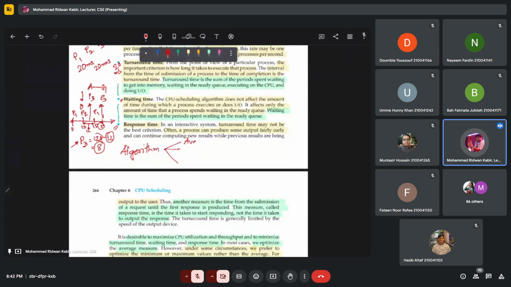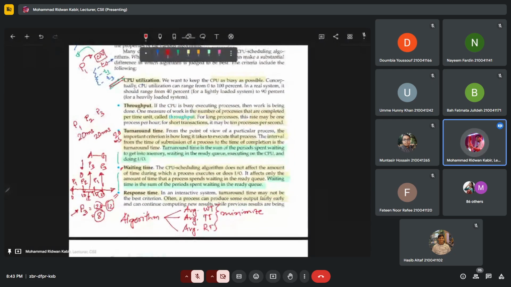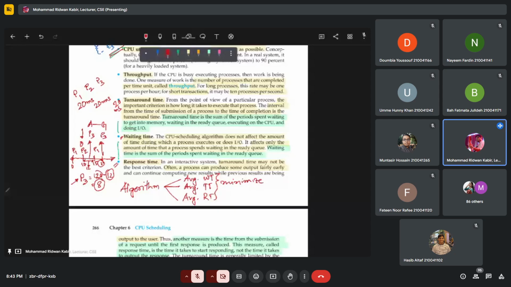However, we consider their average values: average waiting time, average turnaround time, and average response time. Based on this, we quantitatively analyze the performance of a particular algorithm. We always want to minimize the time related factors, whereas we want to maximize the CPU utilization and throughput. Are we clear so far with these metrics?